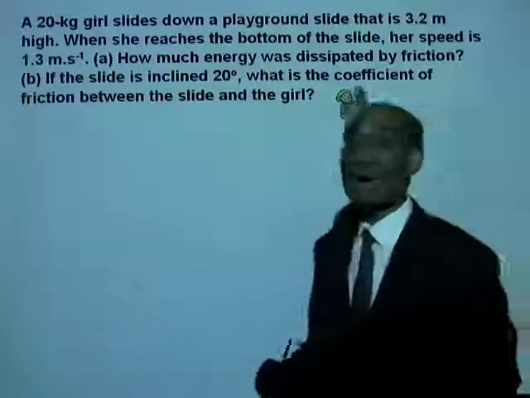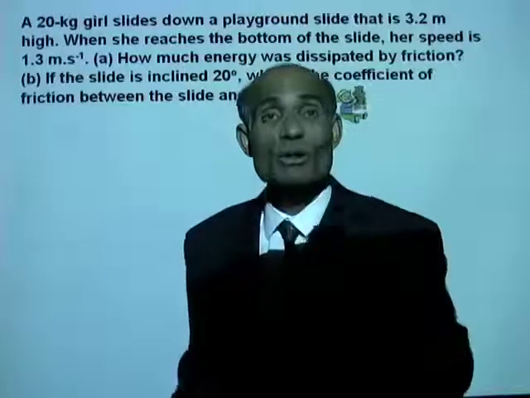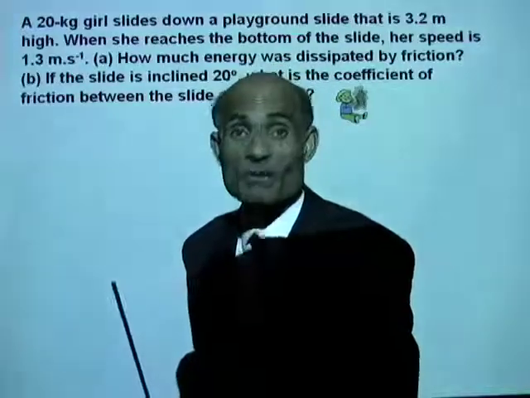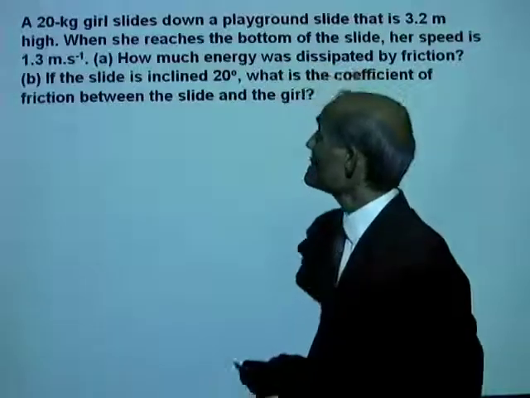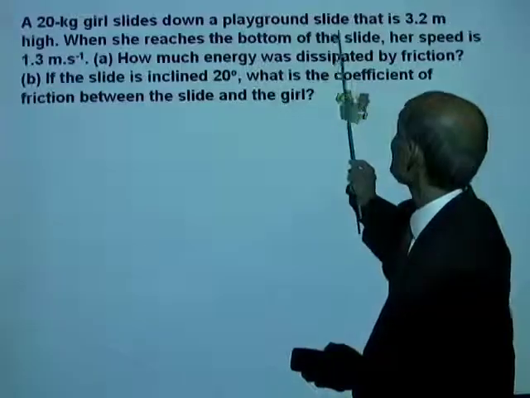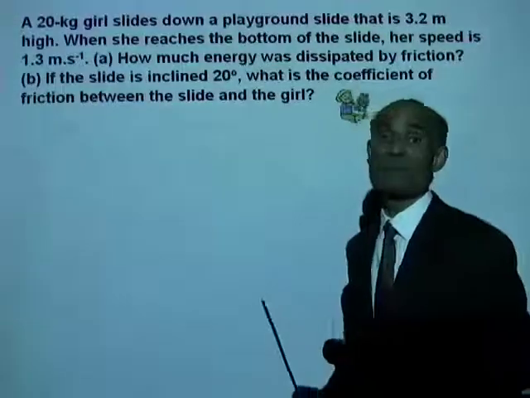Okay, let's now go back and do a problem that directly involves work, energy, and the work energy theorem. A 20-kilogram girl slides down a playground slide that is 3.2 meters high.